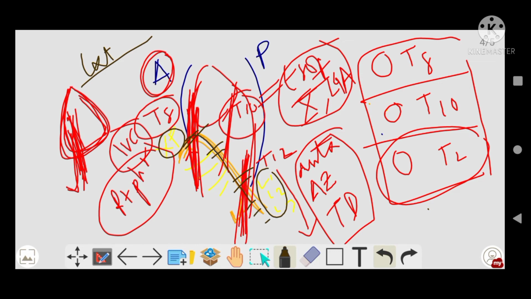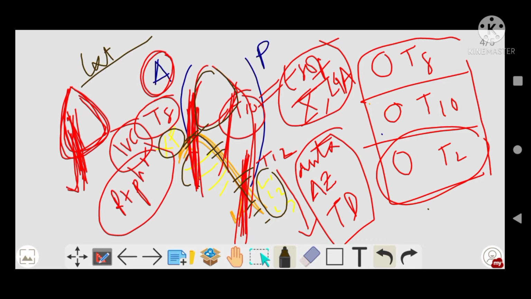So of course these structures, here it will be heart, right? Somewhere there it will be a liver. So of course the structures passing through the highest opening will be related to the structures passing through the heart, right? So I was saying that inferior vena cava along with a phrenic nerve.